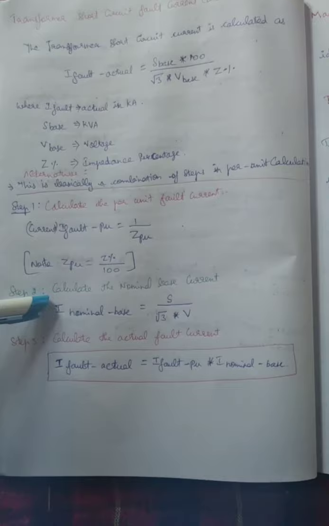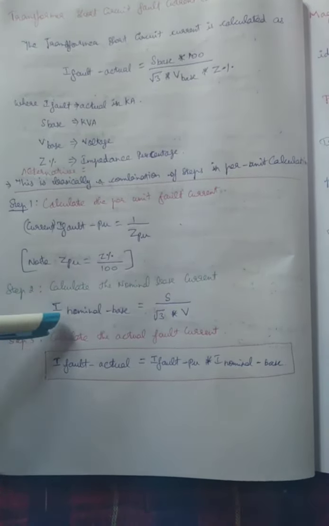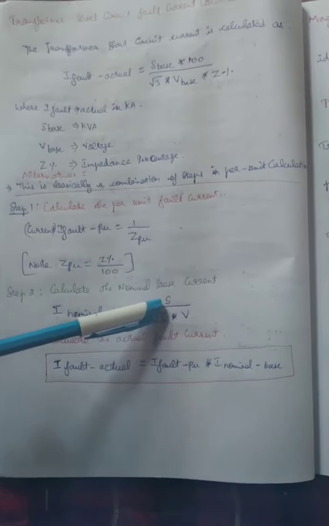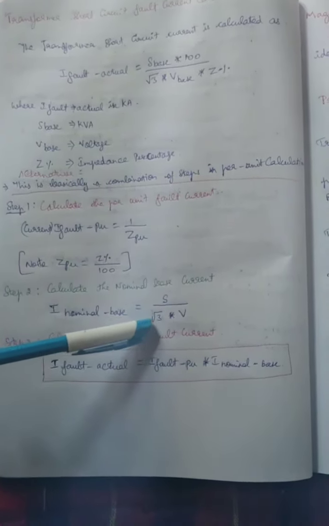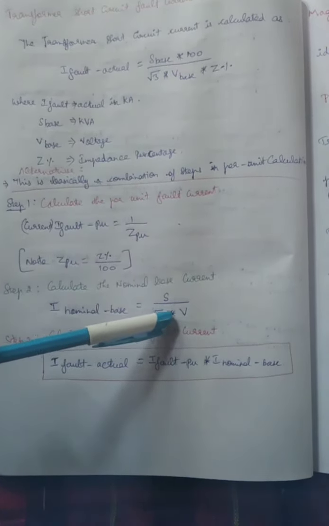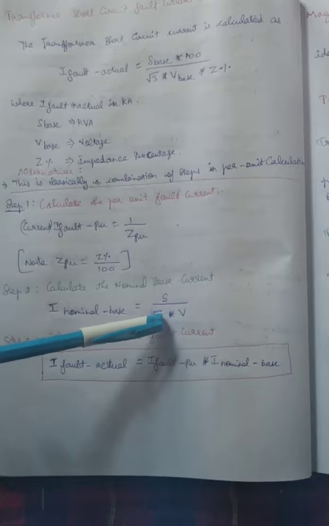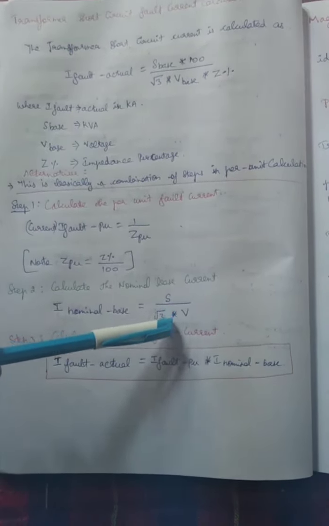Then calculating the nominal base current. I nominal base current is equal to S base, which means your kVA rating, divided by root 3 into voltage base, which means your nominal voltage, or whichever tapping you are going to use, that tapping voltage will be mentioned here.